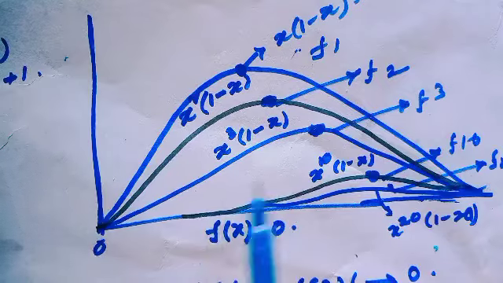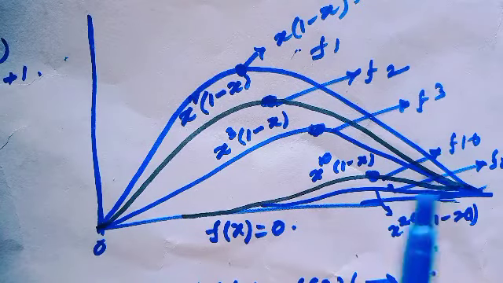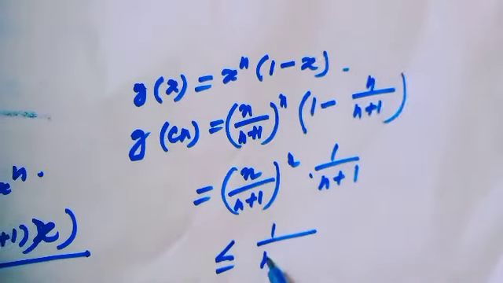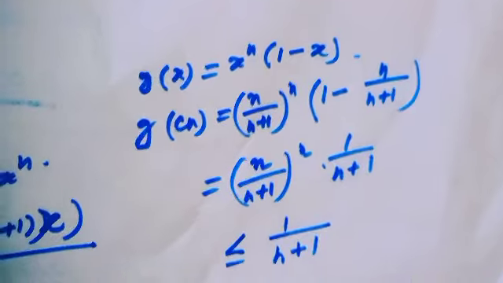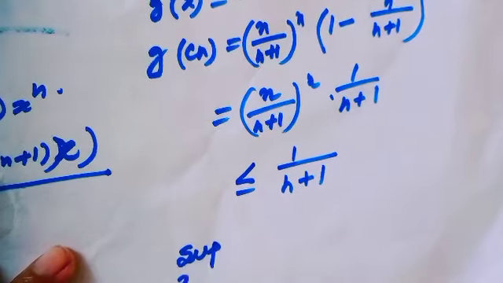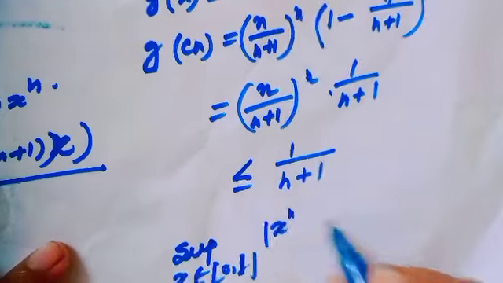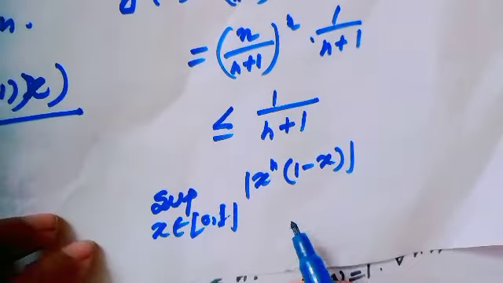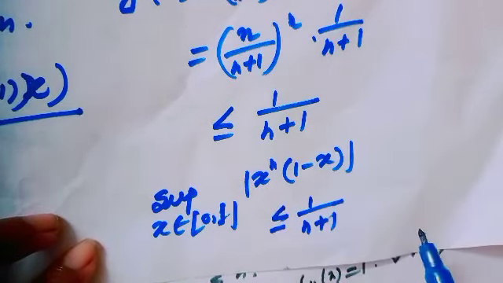That means fn(x) has a maximum at the point n over n plus 1. This is obviously less than or equal to 1 over n plus 1. So obviously, the supremum over x in the closed interval [0, 1] of the absolute value of x to the power n times (1 minus x) is less than or equal to 1 over n plus 1.